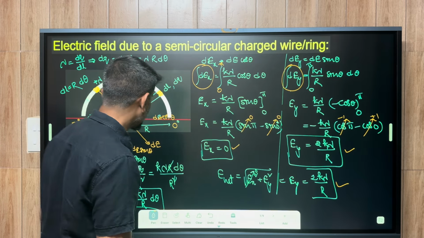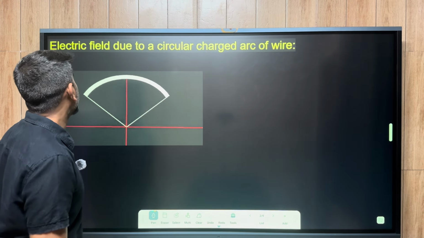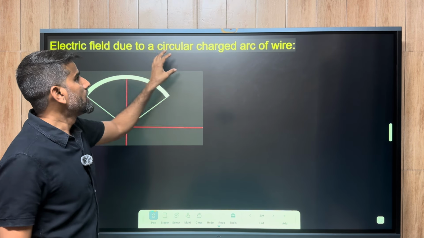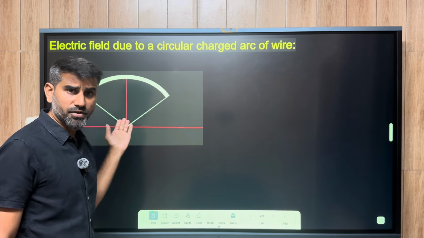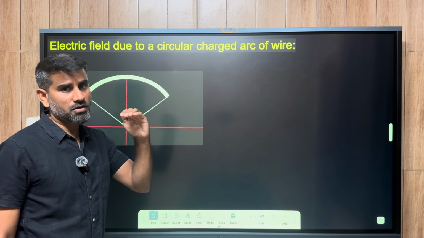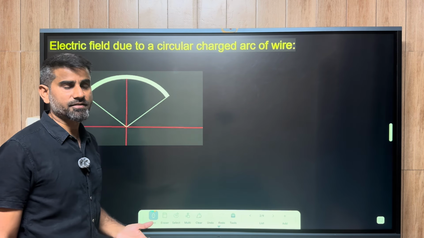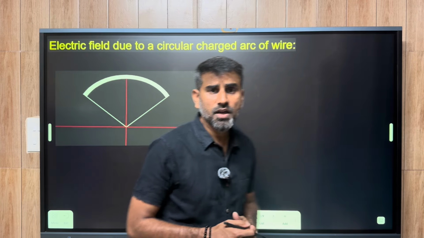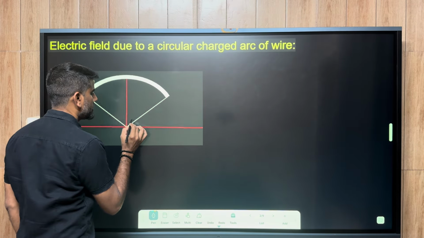Right, let's move on to the next case. Now let us find the electric field due to a circular charged arc of wire. In the earlier case, we considered a semicircular charged wire, but in this case, it's a general case. I have considered a circular arc of angle, let's say, alpha.